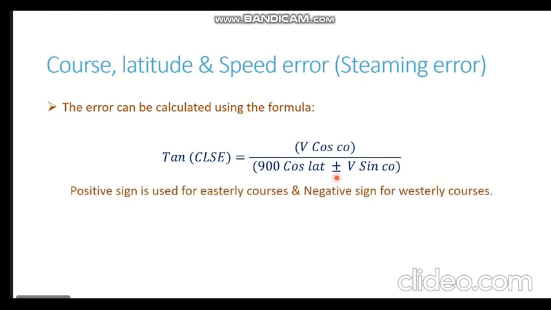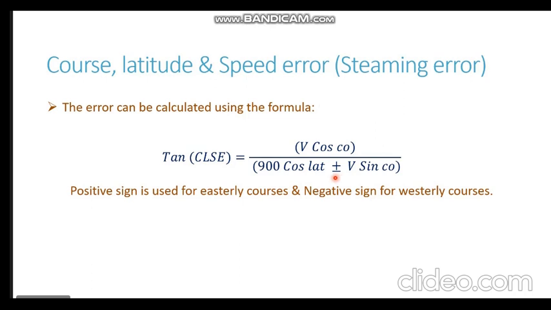Now, this positive and negative sign which is mentioned in the denominator, positive sign is used when the ship is moving on any course which is having an easterly component, which basically means the ship is moving in the northeast quadrant or in the southeast quadrant.